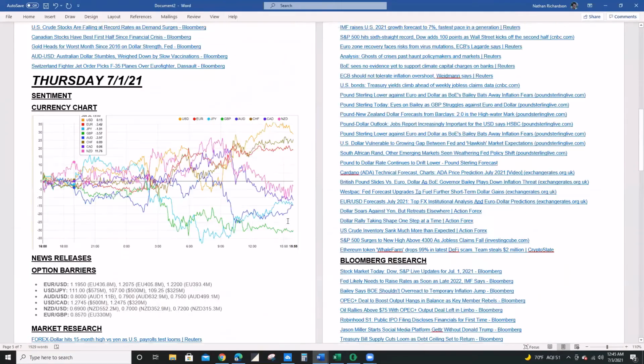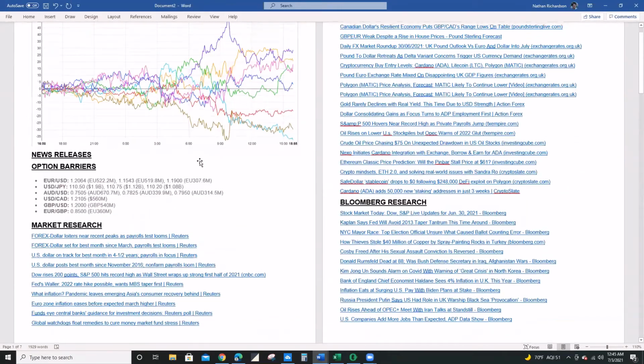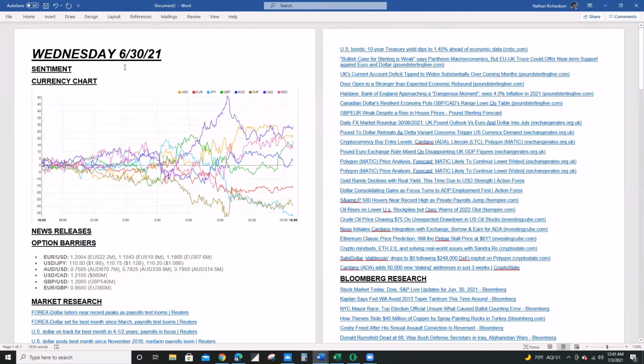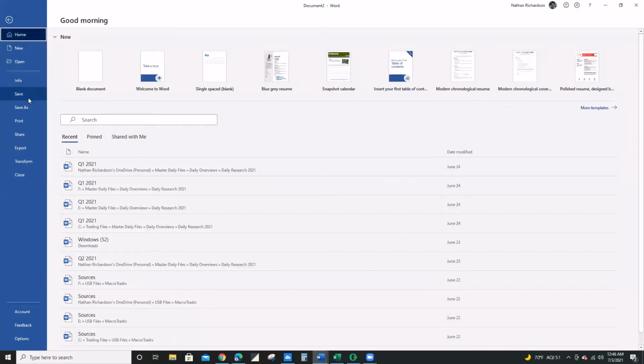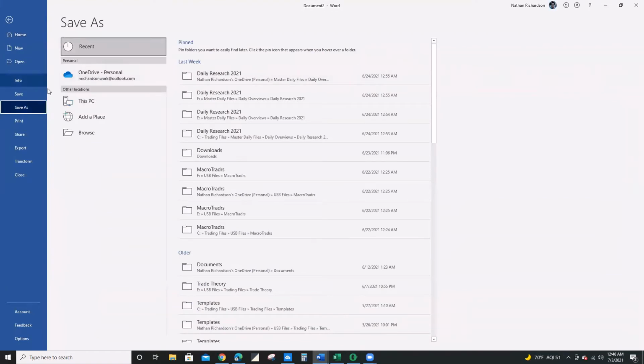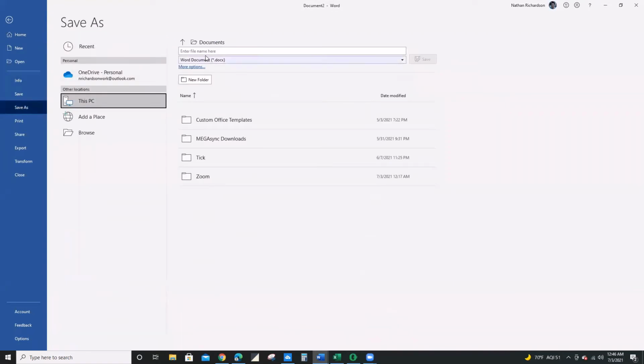Now I just started this new one. I save them by quarters. I usually like to keep the last day of the last quarter and then start on. So we're entering Q3 now. I'll save as Q3 2021.